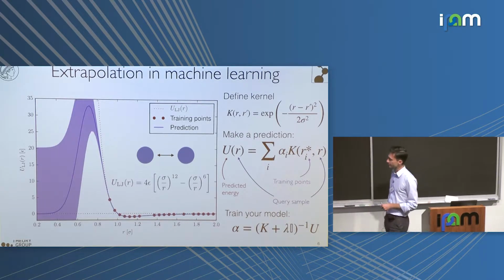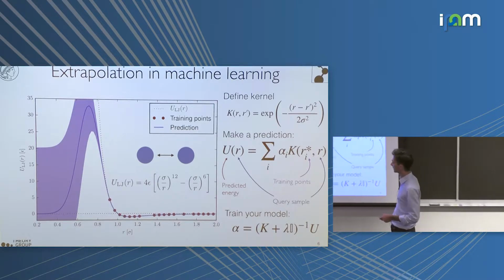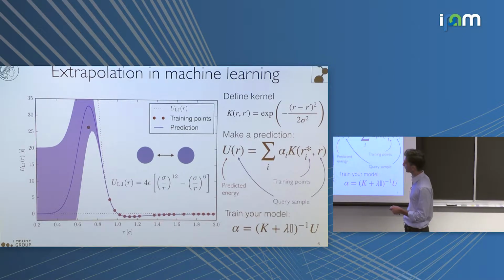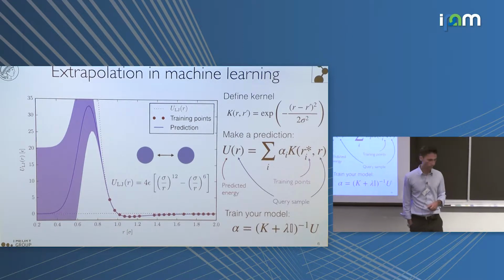And so what happens is this. You can see that the function goes up. The reference function actually diverges. It goes up because of this power law, 1 over r to the 12. My machine learning model goes up for a while, then it hits a maximum, and then goes down, and then goes to 0.